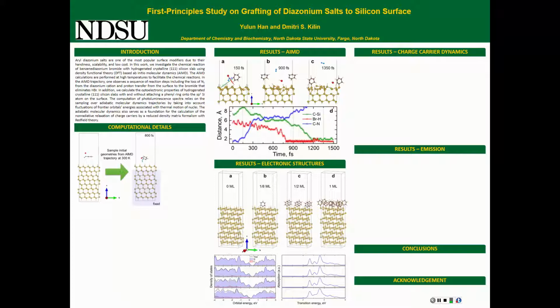It's a chemical reaction, and if one keeps the system at this temperature, other reactions may happen. So as soon as the desired reaction happened, what Jonas shows here, the green line, carbon to silicon.